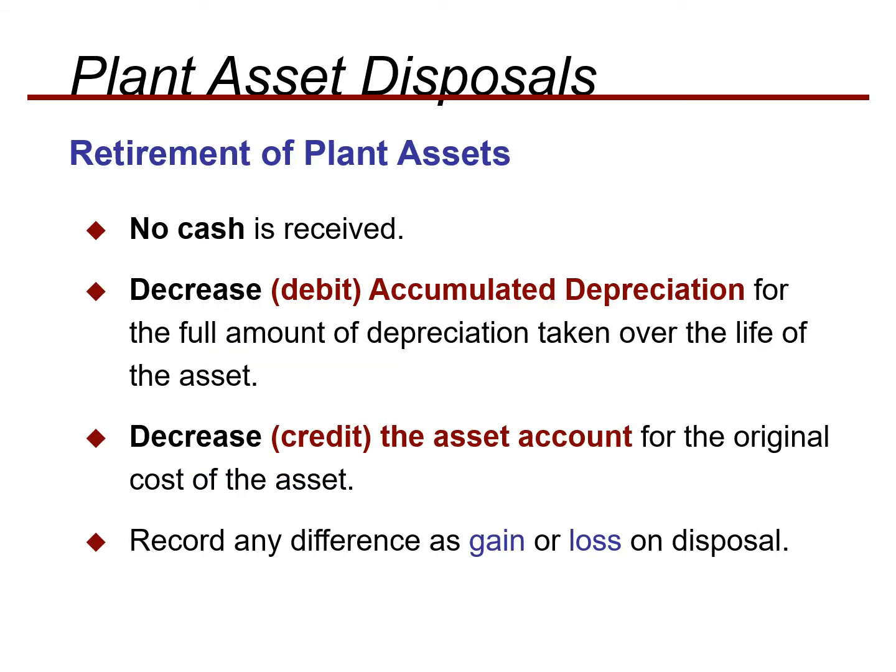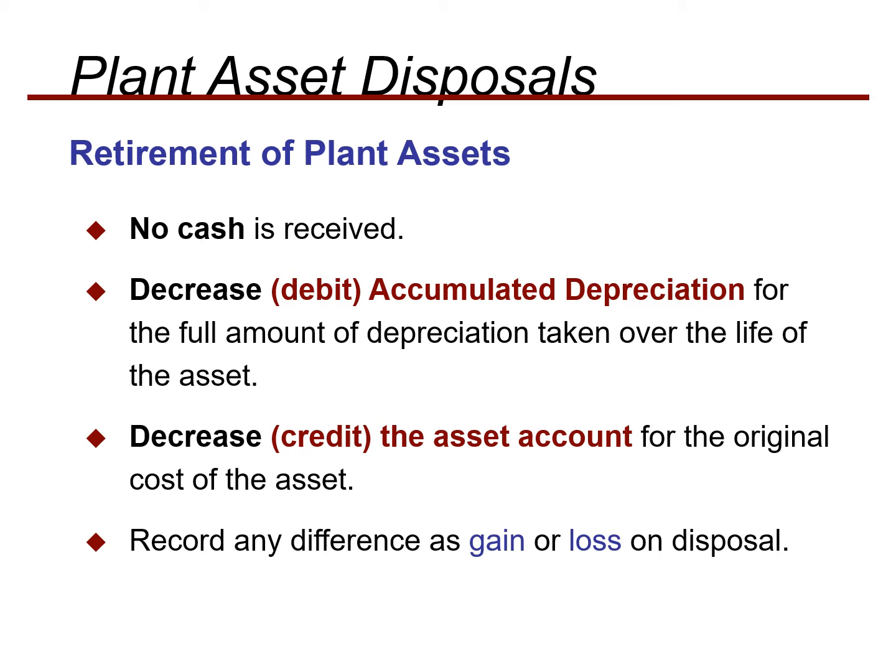Now, going through the different processes of disposal of plant assets. The first one is retirement of plant assets. In this case, no cash is received, and as no cash is received, we decrease accumulated depreciation for the full amount of depreciation taken over the life of the asset, because accumulated depreciation measures the total depreciation calculated during the period of usage of that asset.